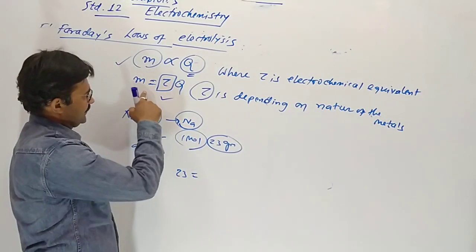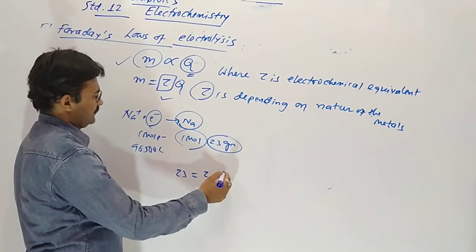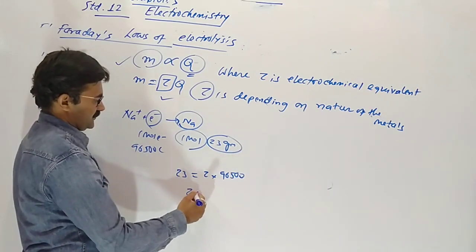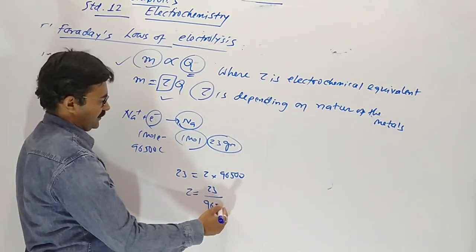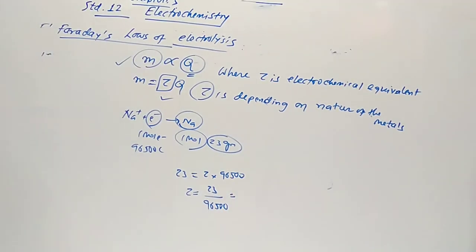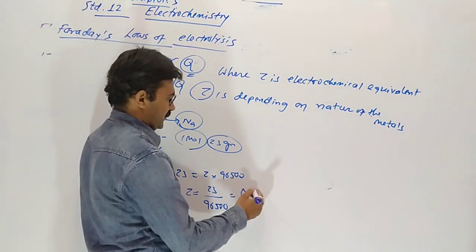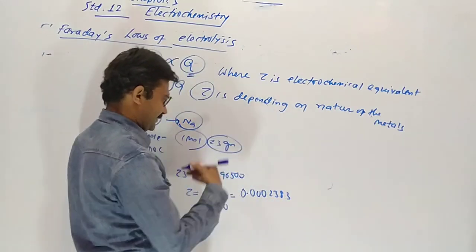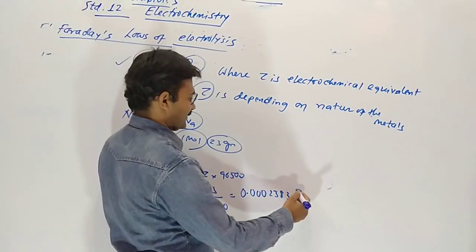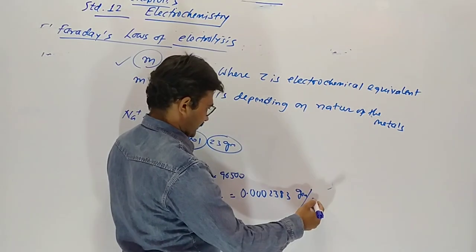So for 23 gram Q will be 96500. So here Z will be 23 upon 96500, which is 0.0002383, and its unit is gram per coulomb.